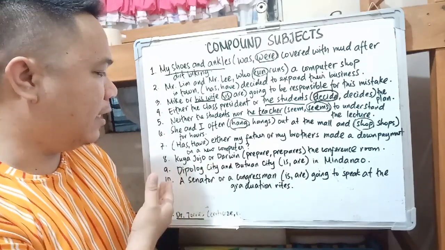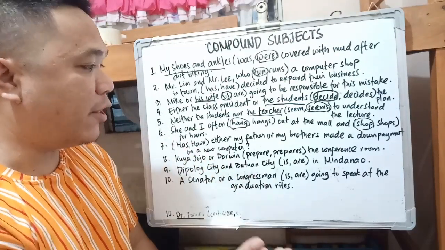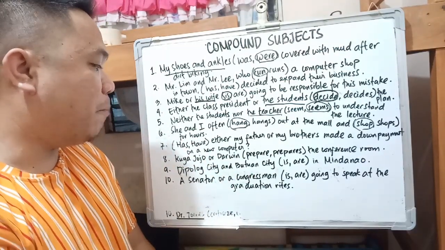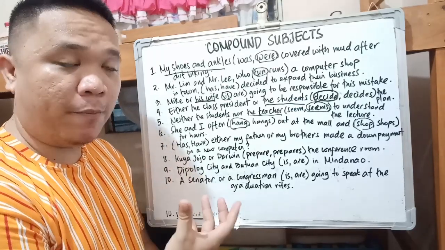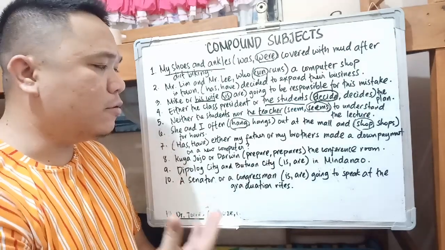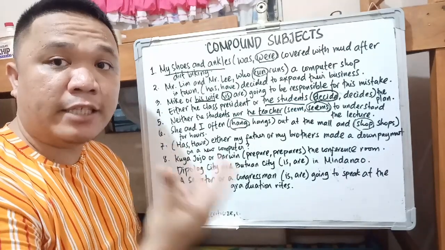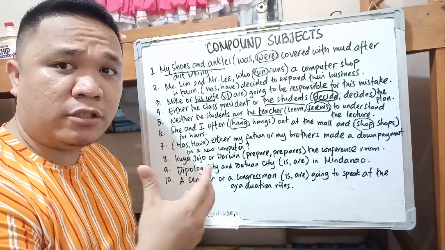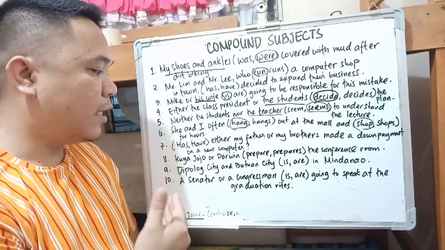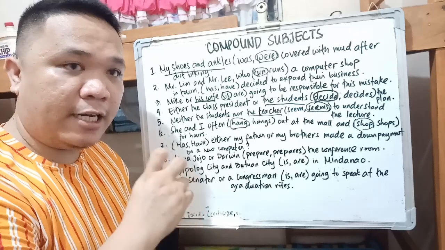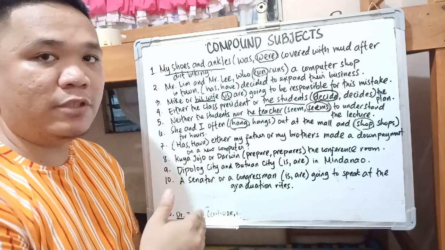Now, if you look at this one, this is a question form. Have either my father or my brothers made a down payment on a new computer? So this is a question form. Now, a while ago, I said that when your sentence begins in either, you choose the second, neither, you choose the second one. But since this is in a question form, has and have, in a question form, you choose the first subject.